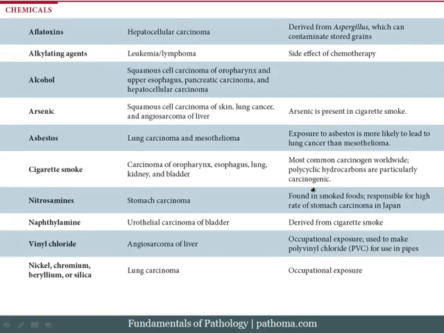I've summarized it with a bunch of high yields in a table in your text, and so we're going to use this table to list each and every one of these chemicals and the different tumors that they are associated with. Generally speaking, I hate tables, I hate laundry lists, I hate memorizing, but unfortunately, we actually have to go through each and every one of these here.